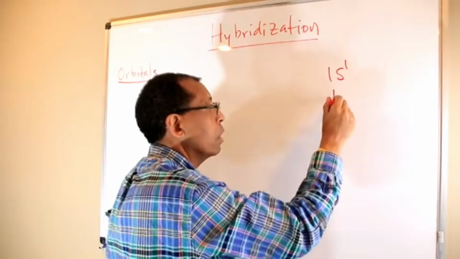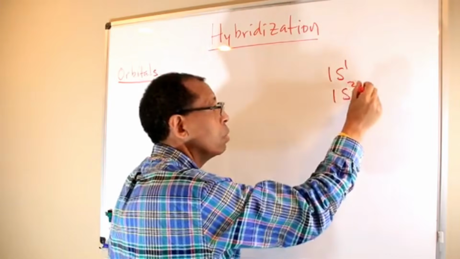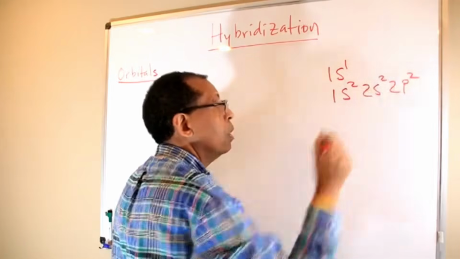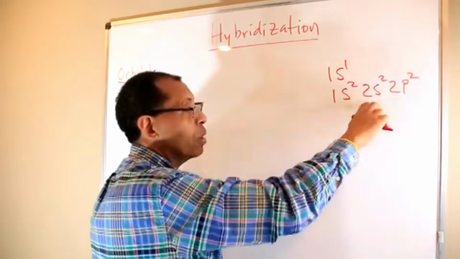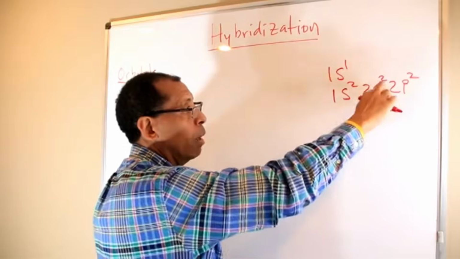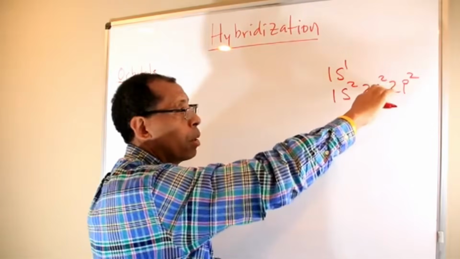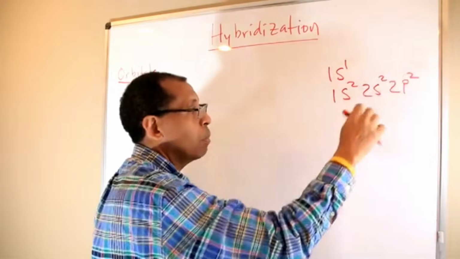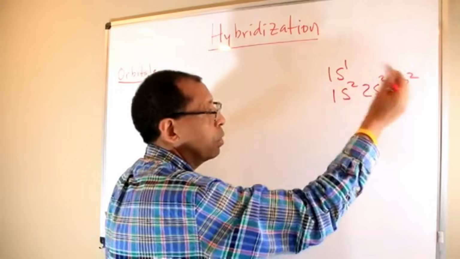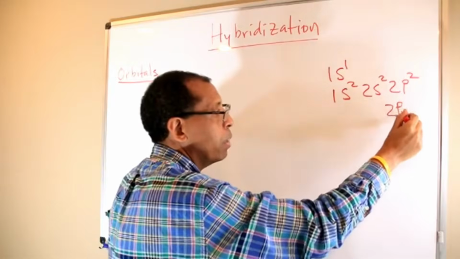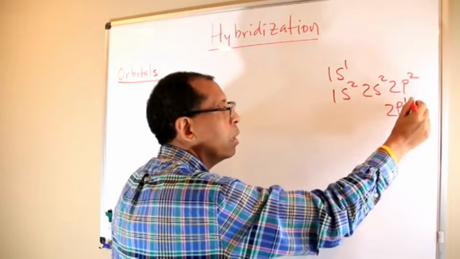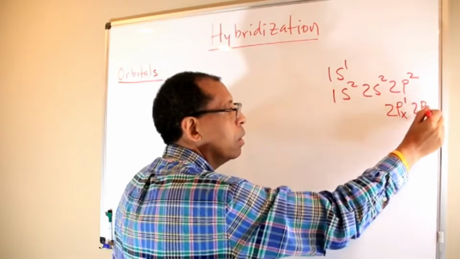If we consider carbon, it is 1s2, 2s2, 2p2. So if you just look here, the s is paired, and p has 2 electrons. That means if you expand this, in the px orbital there is 1, in the py direction there is 1.